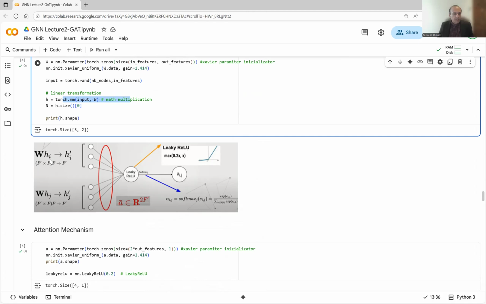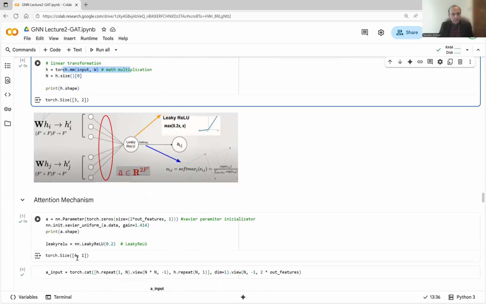So we have node h i and node h j. Both have a feature dimension F prime, and so there are actually 2F prime. Since we have two nodes, our feature dimension will be 4 by 1. So these are the four coefficients that we'll have to learn for each node.